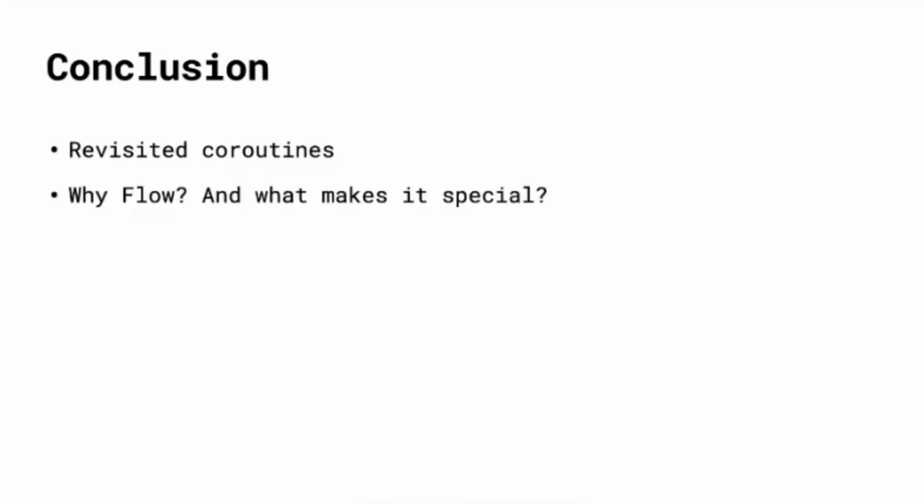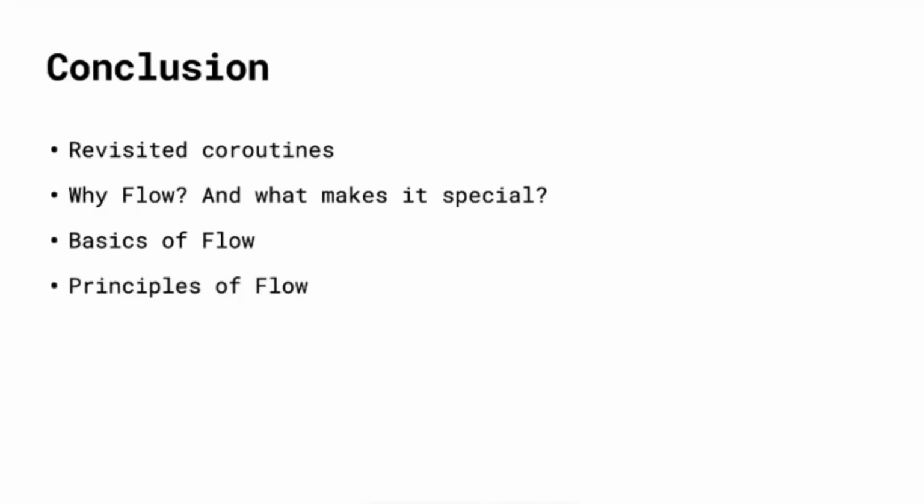So to conclude, here's a quick summary of what you learned today. We revisited coroutines. We saw why Kotlin Flow came into the picture and what makes it so special. We saw the basics of Flow, that is the emitter and the collector, and how they work internally, and how Flow is cold. That means that it doesn't emit any value until there is a collector to receive those values.